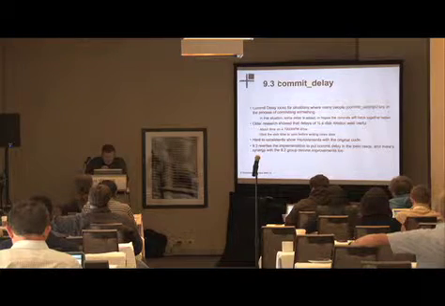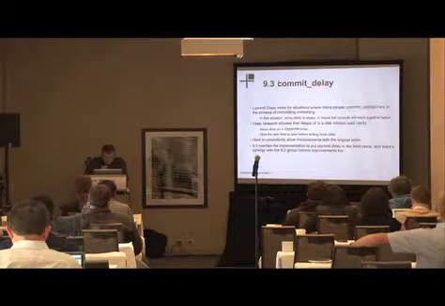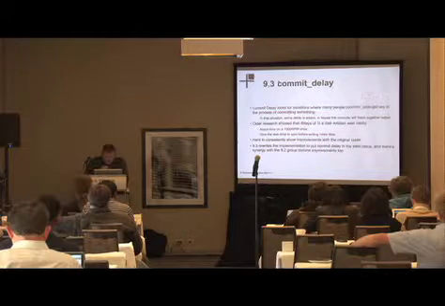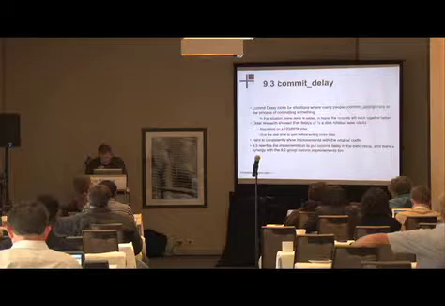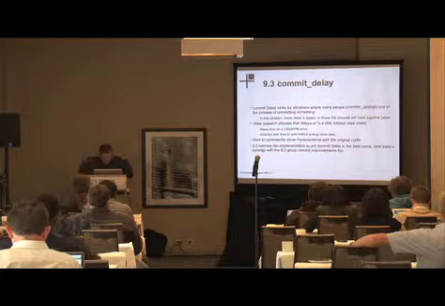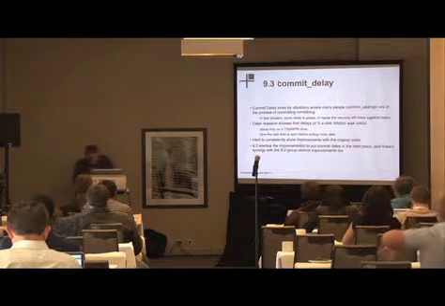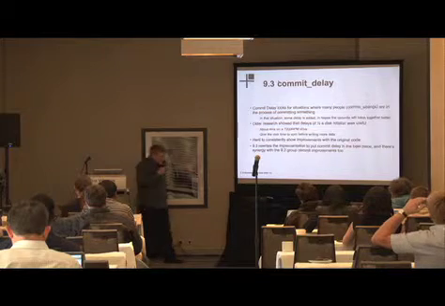So the original code, as I've been saying, was pretty bad. In 9.3 we put the commit delay in the best place, and there's synergy with the 9.2 group commit improvements too. So what do I mean by that?